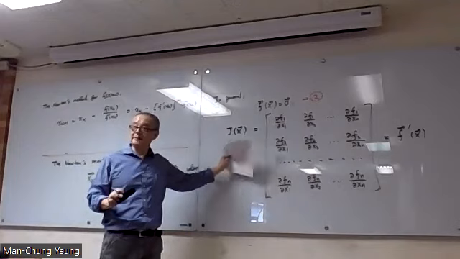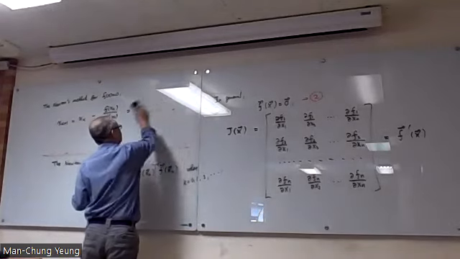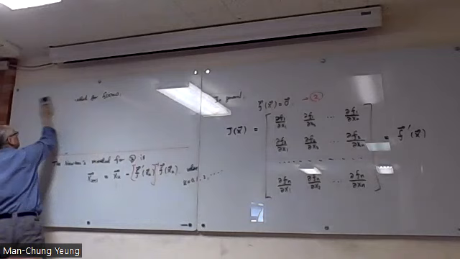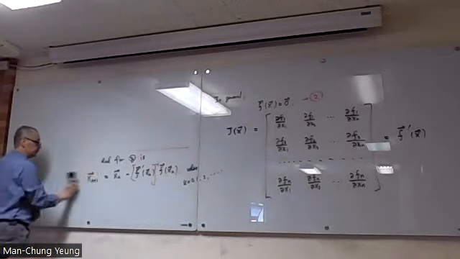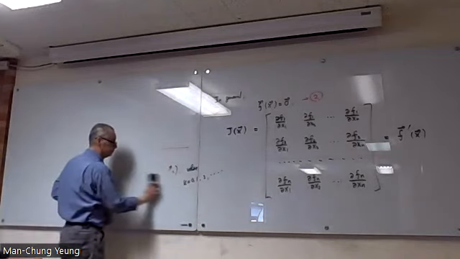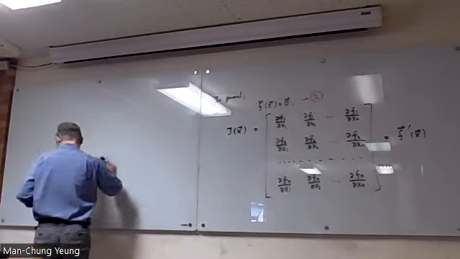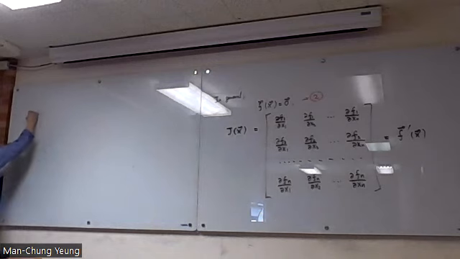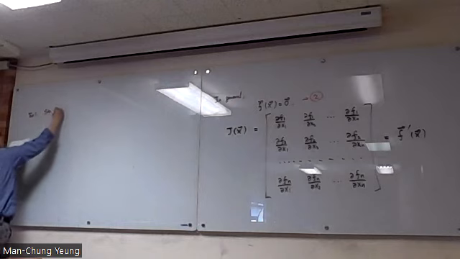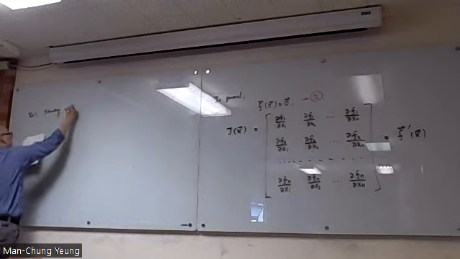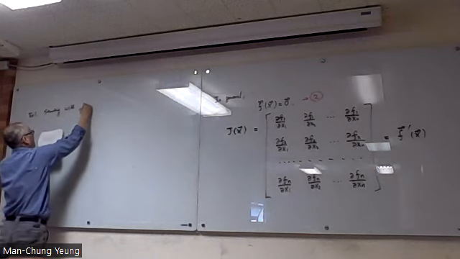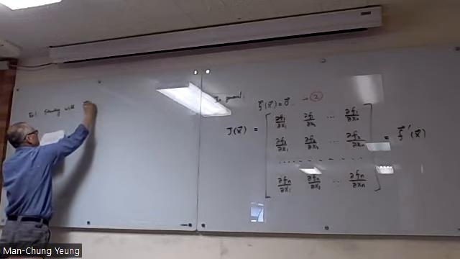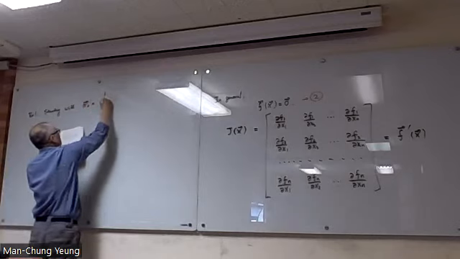I need this matrix, so let me erase this part. Starting with x0, x0 is (1, 1, 1).